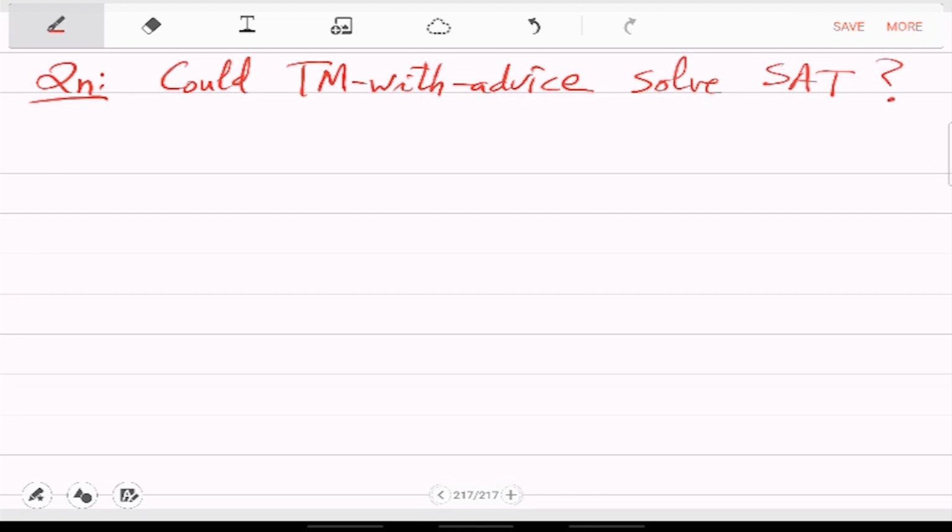If these Turing machines with advice are so powerful as to solve uncomputable problems, can they solve SAT efficiently? So, this is an interesting question, it is still open.